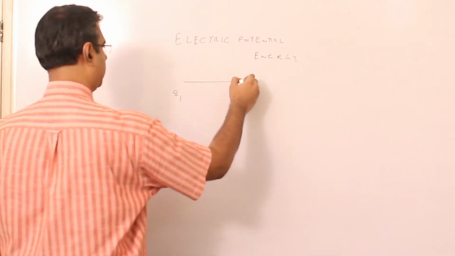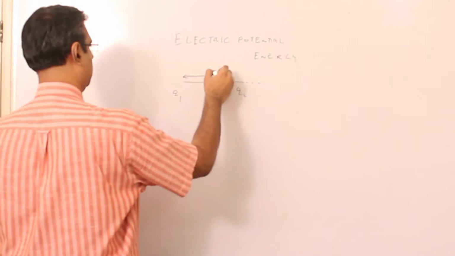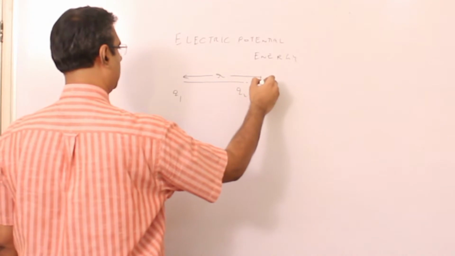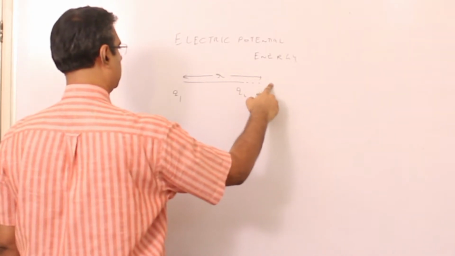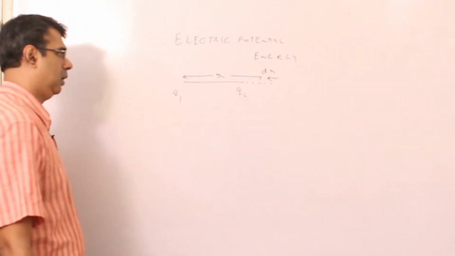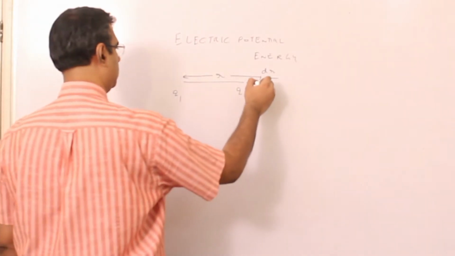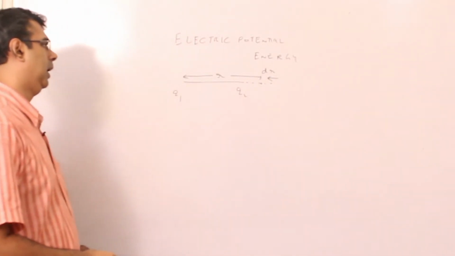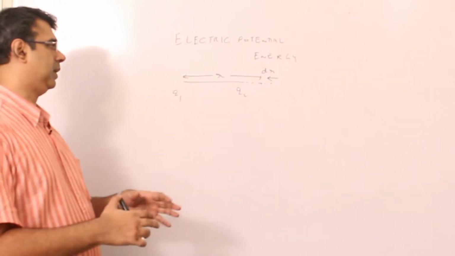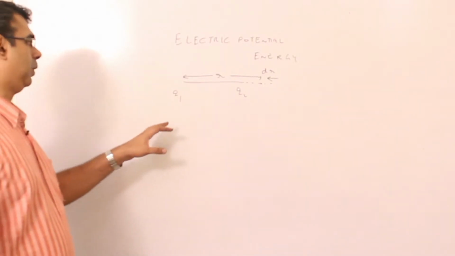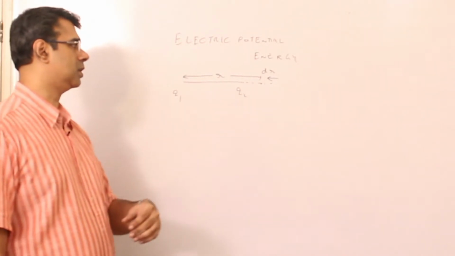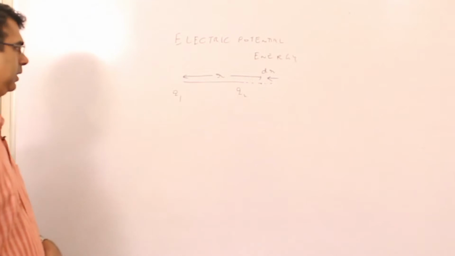At some point of time during their separation, the separation between them is r, and from that moment onwards the separation is increased by dr. So I repeat, there are two charges q1 and q2, and they have an initial separation, and then they are separated further from each other, and at some point the distance between them is r, and from that point onwards the separation is increased further by dr.